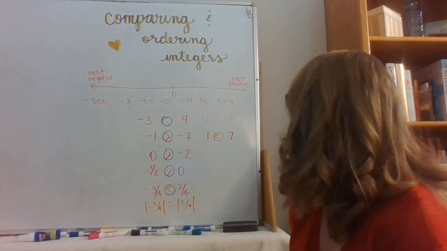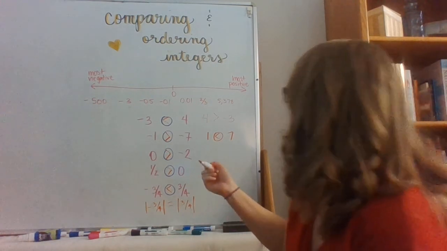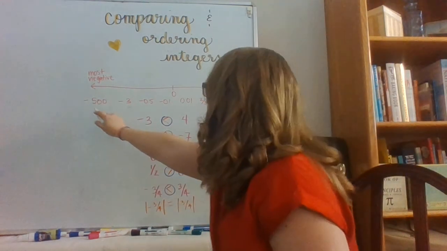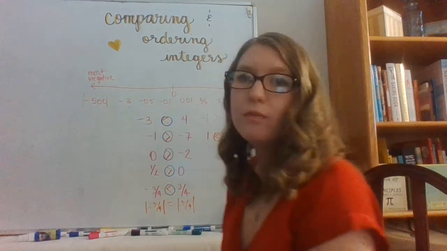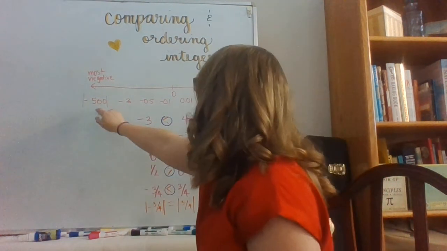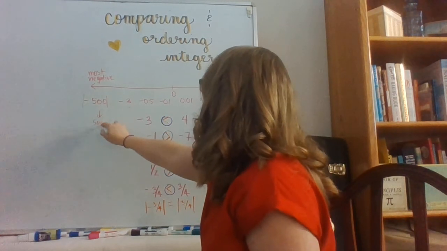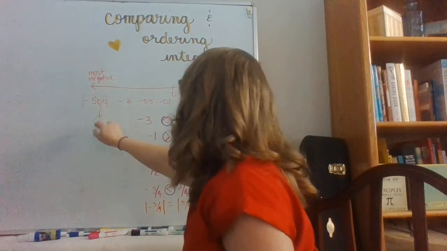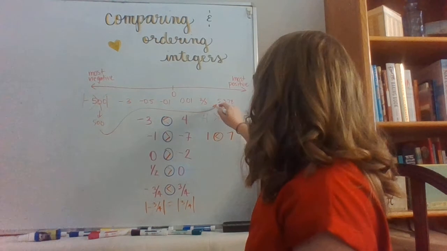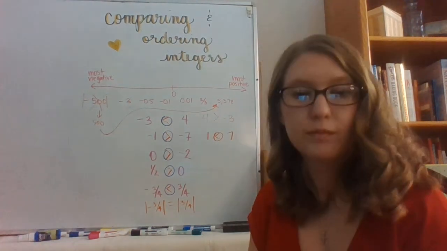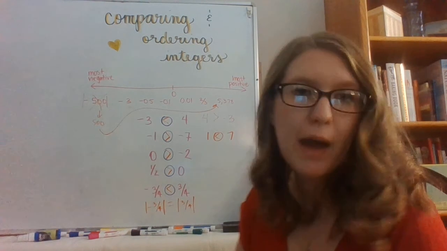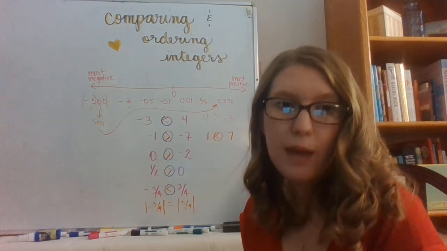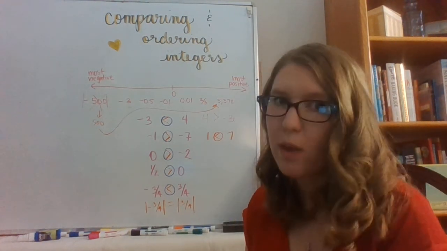For instance, if this were the absolute value of negative 500, the absolute value of negative 500 is actually 500. So it would not go here, it would go over here on my number line. So be sure that you're paying attention to absolute value signs, knowing that absolute value is always positive.